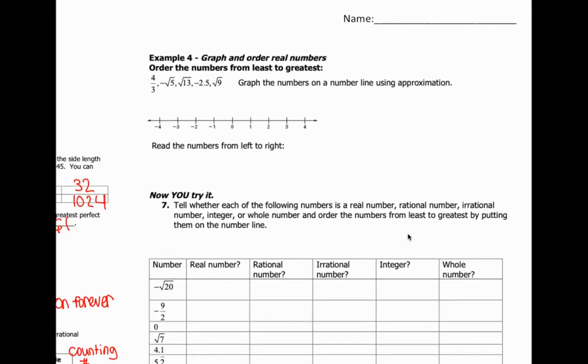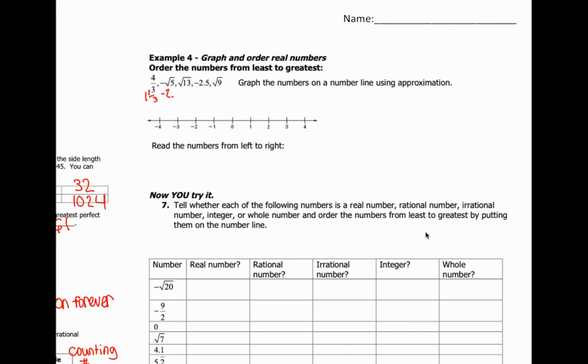Okay, next up, graph the numbers on the number line using approximation. All right, moving along. So I know 4/3 is like 1 1/3. I know the negative square root of 5 is going to have to be -2 point something, since the square root of 4 is 2.